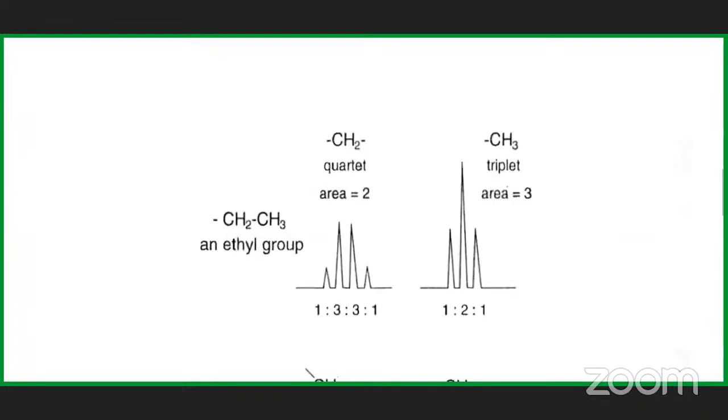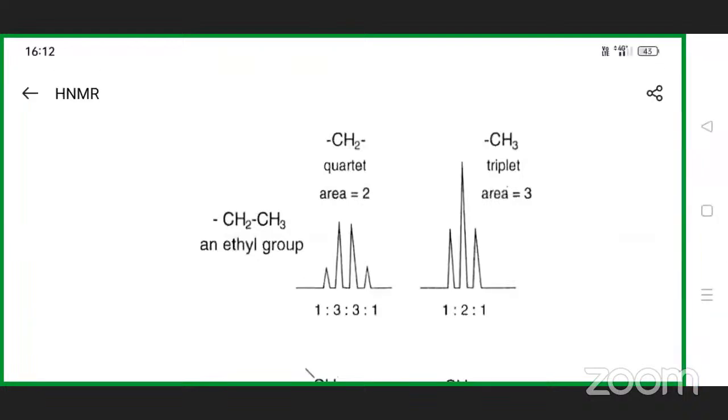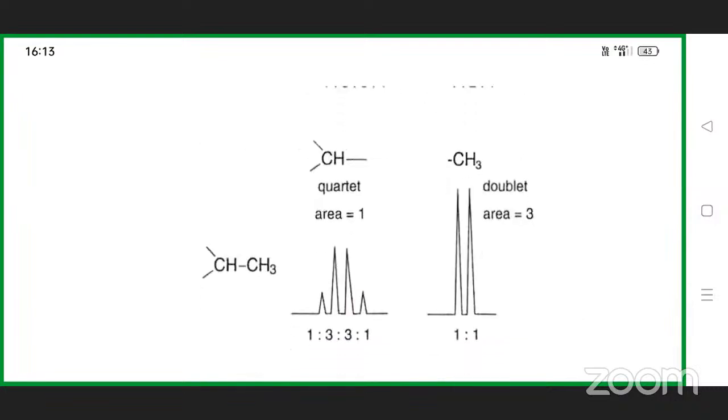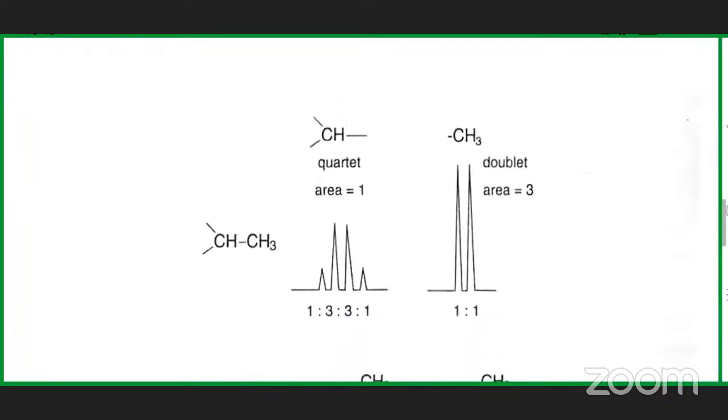It is a quartet. And for CH3, you get a triplet, right? The ratio for the quartet is 1:3:3:1, and for the triplet you get 1:2:1. So I think there is no need to discuss this.